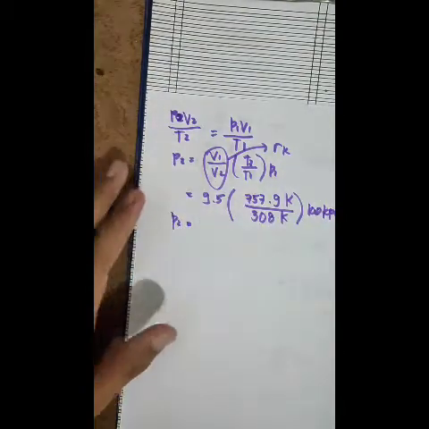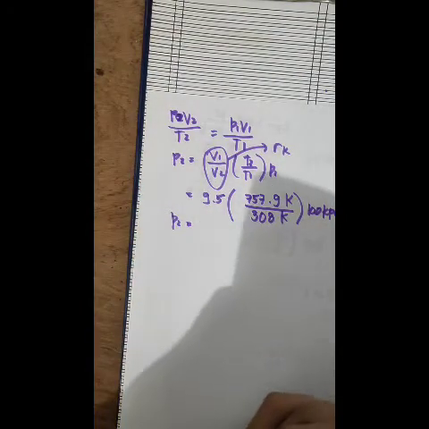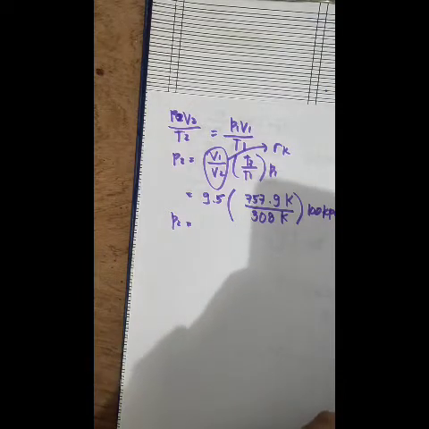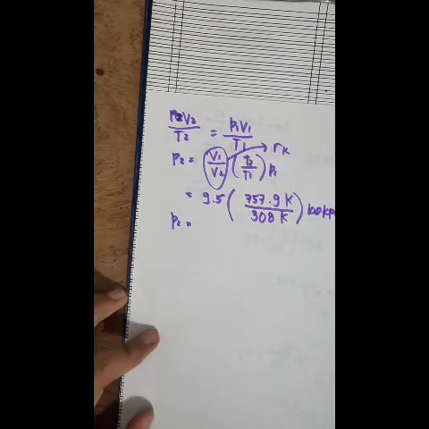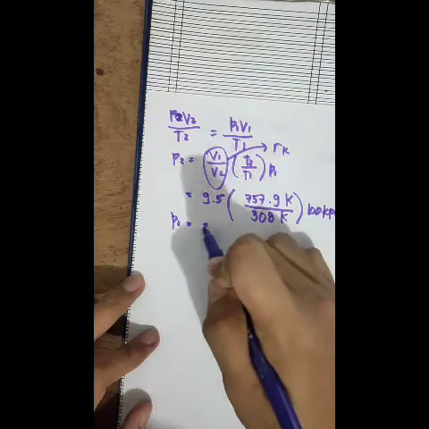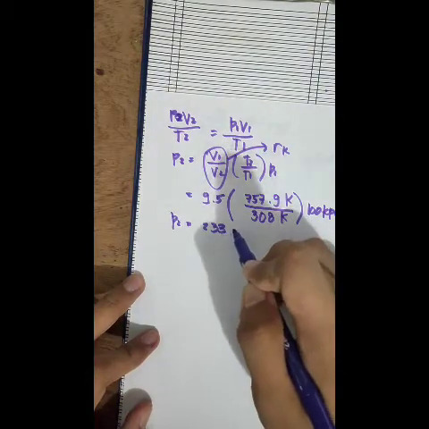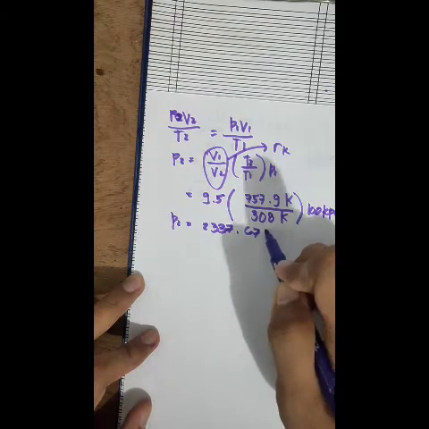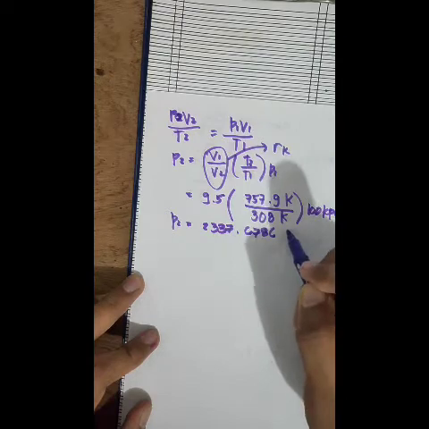So P2 is equal to 9.5 times 757.9 over 308 multiplied by 100 is equal to 2,337.6786 kilopascal.